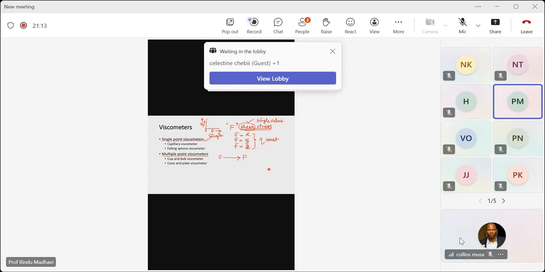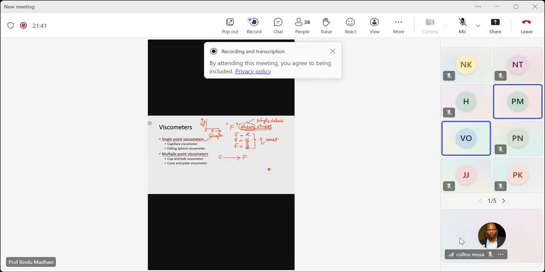So you have a facility of changing the amount of shear stress acting on the system. Now, can anyone tell me, single point viscometers are used to measure the viscosity of Newtonian systems.